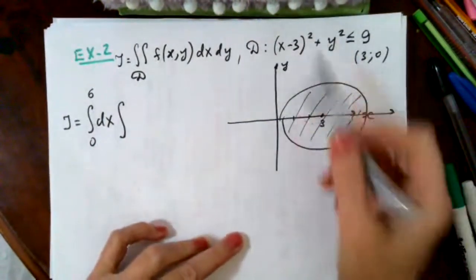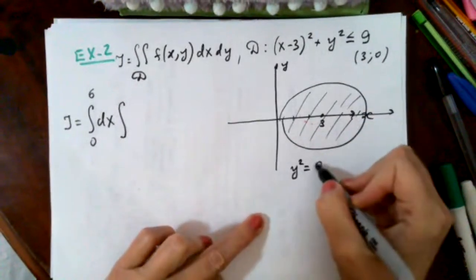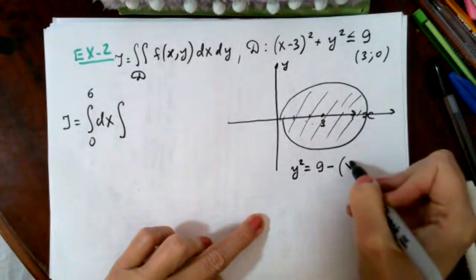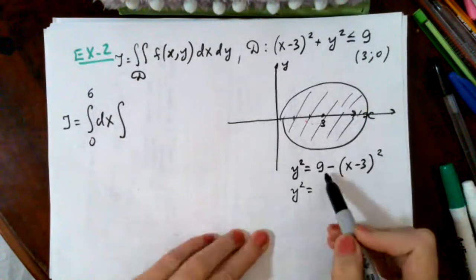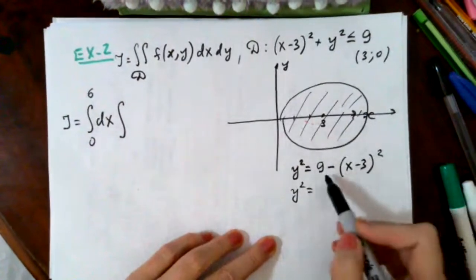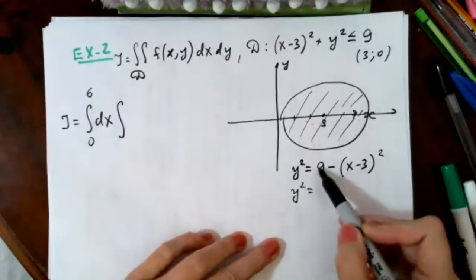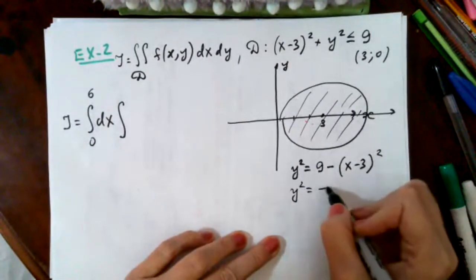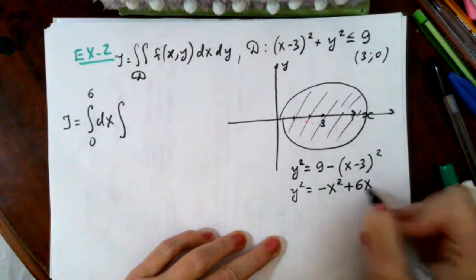To this end, we need to express y in terms of x from this equation. Let's start with y². y² is equal to 9 − (x − 3)². The convention is that you need to simplify the right-hand side. If you perform this multiplication, you will see that 9 and 9 cancel out, so you will be left with the expression −x² + 6x.